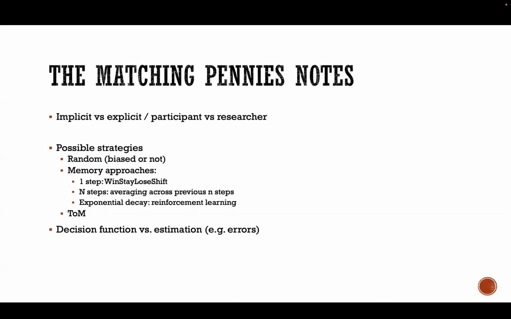Just to tie it, I like to do these rants, sorry, but to tie it to all the statistical stuff that you learned, one of the problems with the frequentist statistical approach that most people use is that it conflates these two aspects. It says, just as we estimate a difference between two groups, right?